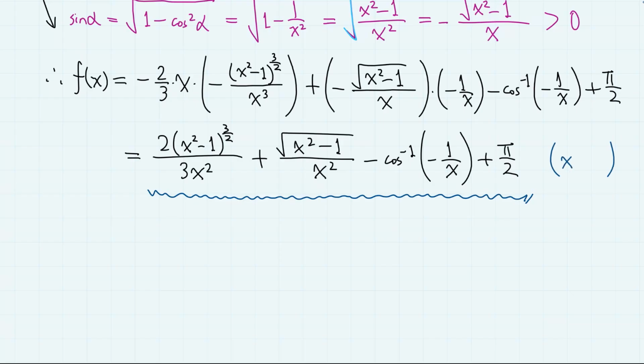This is the expression for x less than -1.